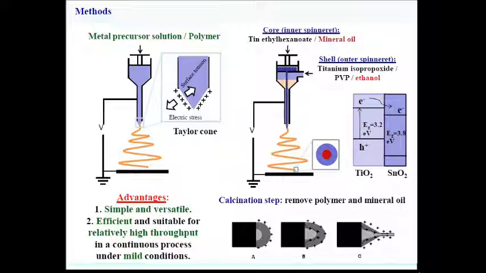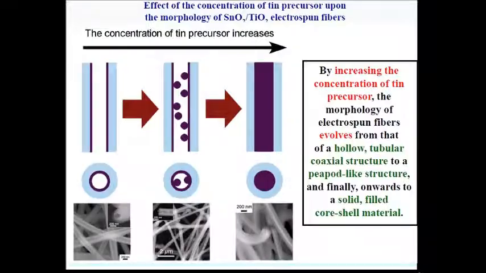As we increase the tin precursor concentration, from left to right as I'm showing you here, the morphology of our electrospun fibers evolves from a hollow tubular coaxial structure to a pea-pod-like structure in the middle, and finally to a solid filled core shell material, as you see in the final panel.